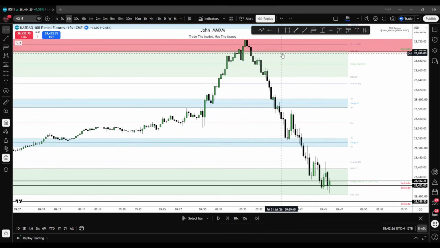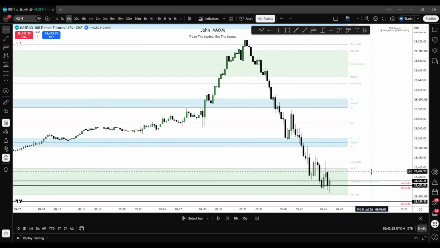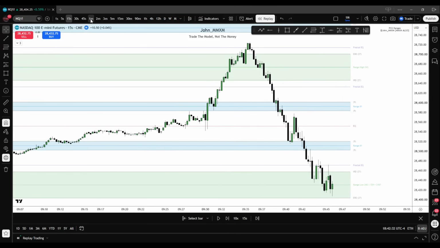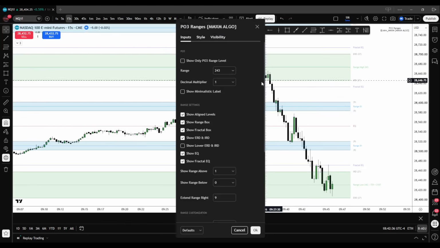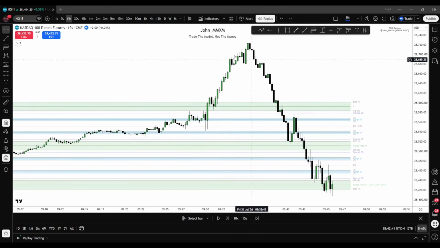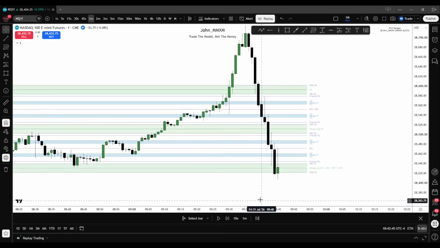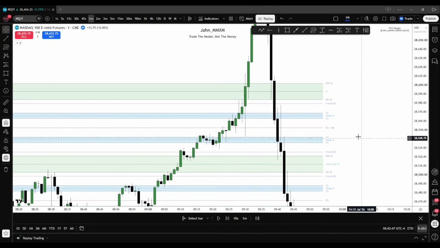Now, we're going to also explain something here. How do I know when to use 81 and how do I know when to use 243? Super simple. You have 81 on and you're on the 1 minute time frame. If you see that 2 candles did the whole 81 range, that is not realistic.